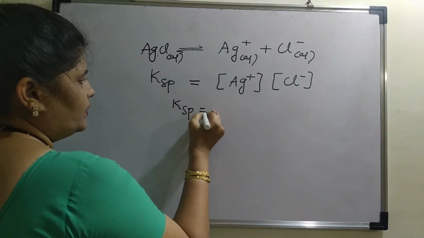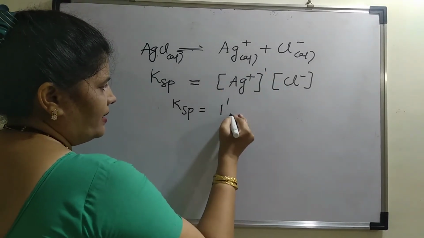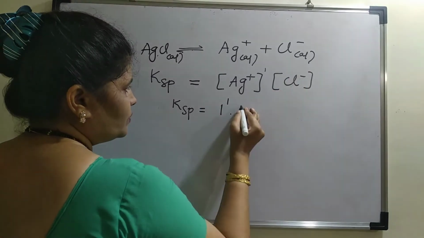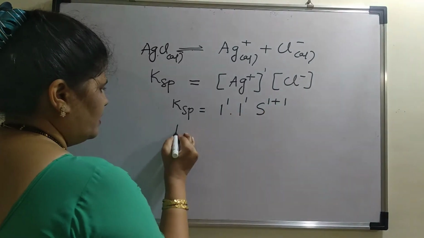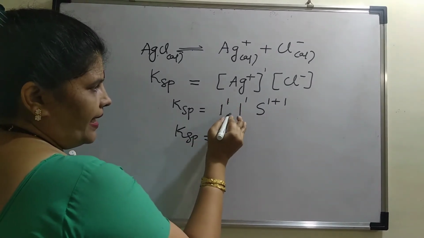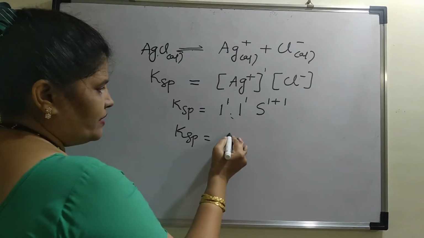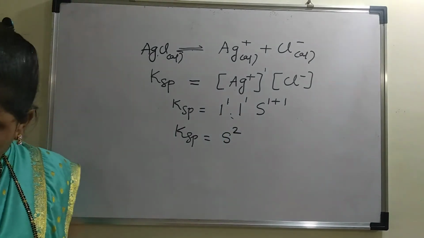Ksp is equal to, this is 1, so it will be 1 raised to 1. This is again 1, so it will be 1 raised to 1, S^(1+1). So Ksp is equal to 1 raised to 1 is 1, into 1 raised to 1 is 1, so it will be simply S square. Right?